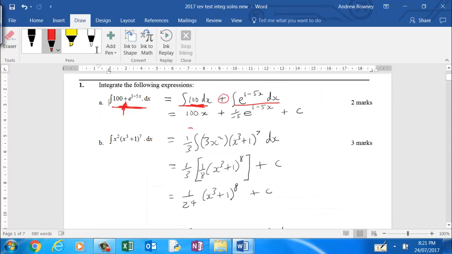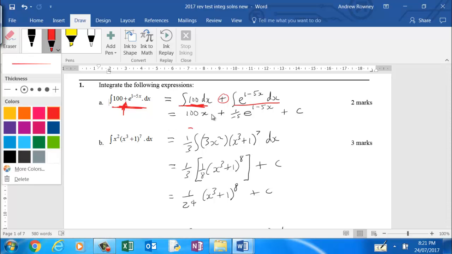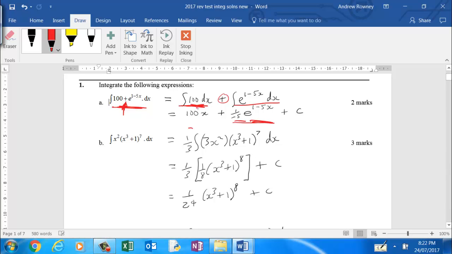So that's what this is here. We have 1 on a e to the linear, and this is your 100x.